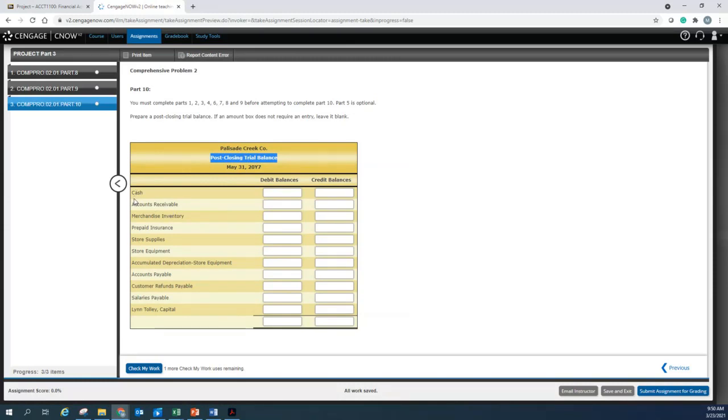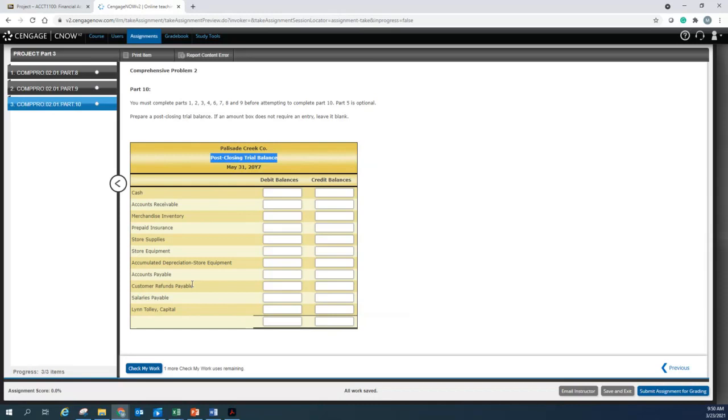And you see that there are no expense accounts, no revenue accounts. Why is that? Anyone know? Why are no expense accounts, no revenue accounts, no drawn accounts?